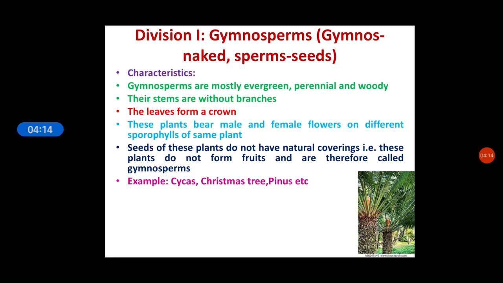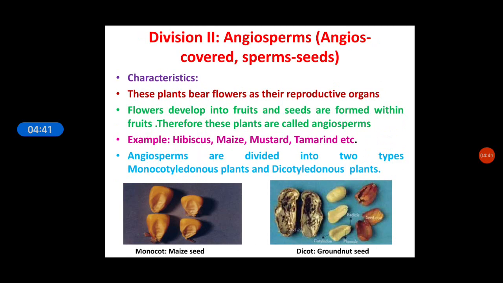In general, they have a taproot system. These are heterosporous and produce microspores and megaspores. They have stems without branches and the leaves form a crown. These are economically and ecologically valuable and important. Example: cycas, Christmas tree and pinus, etc.